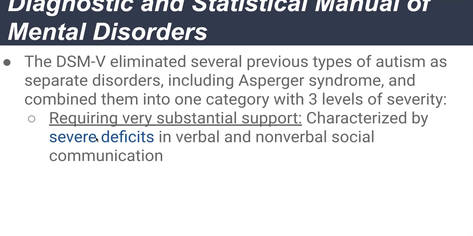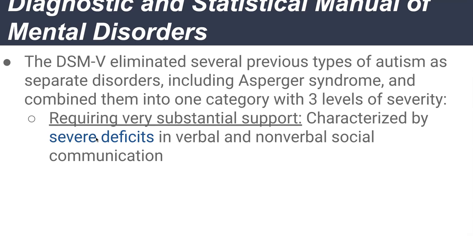According to the DSM-5, they actually eliminated several previous types of autism as separate disorders, including Asperger's syndrome, and combined them into one category with really 3 levels of severity. So you no longer have different types of autism, it's just by severity level.